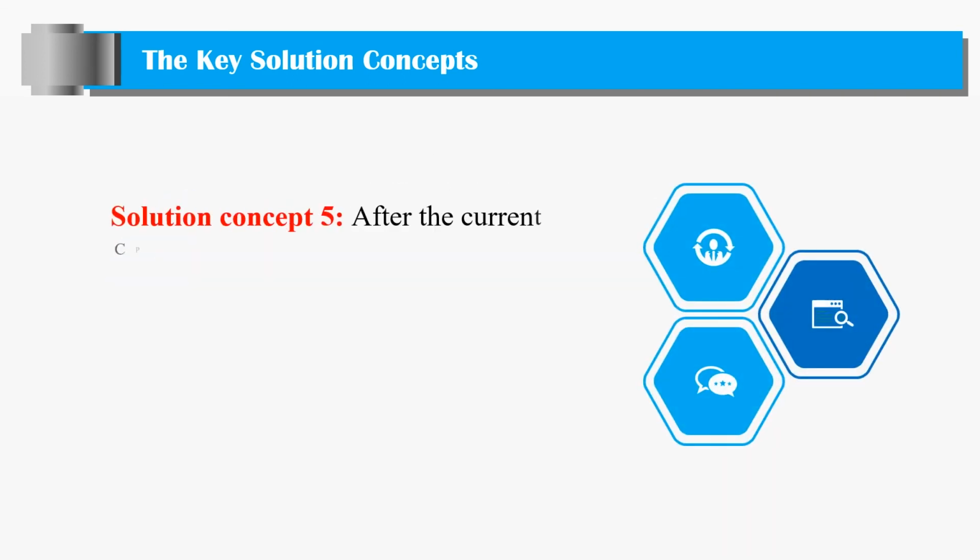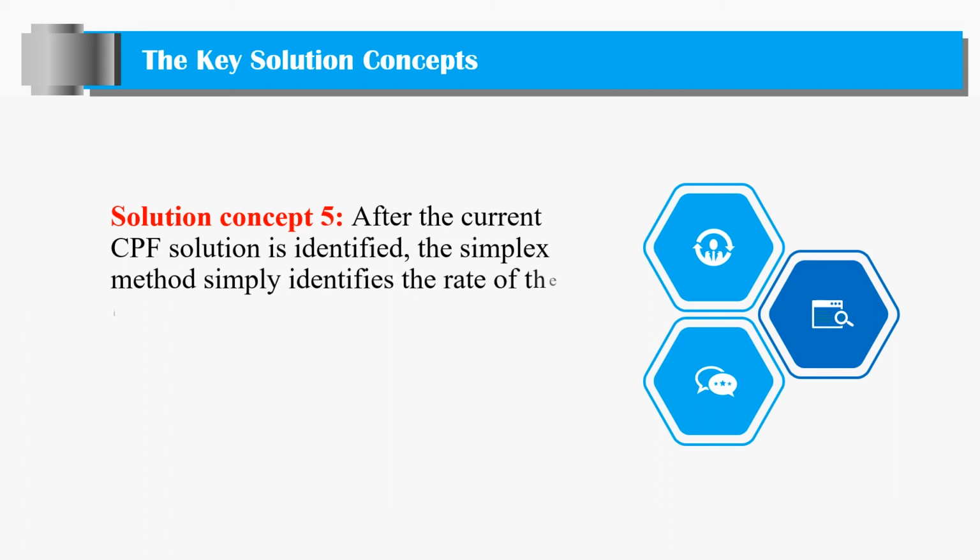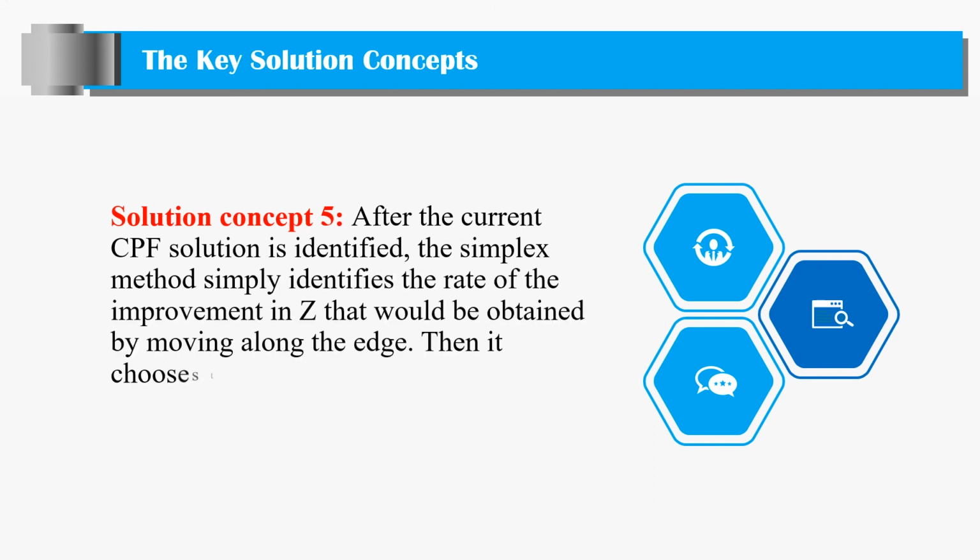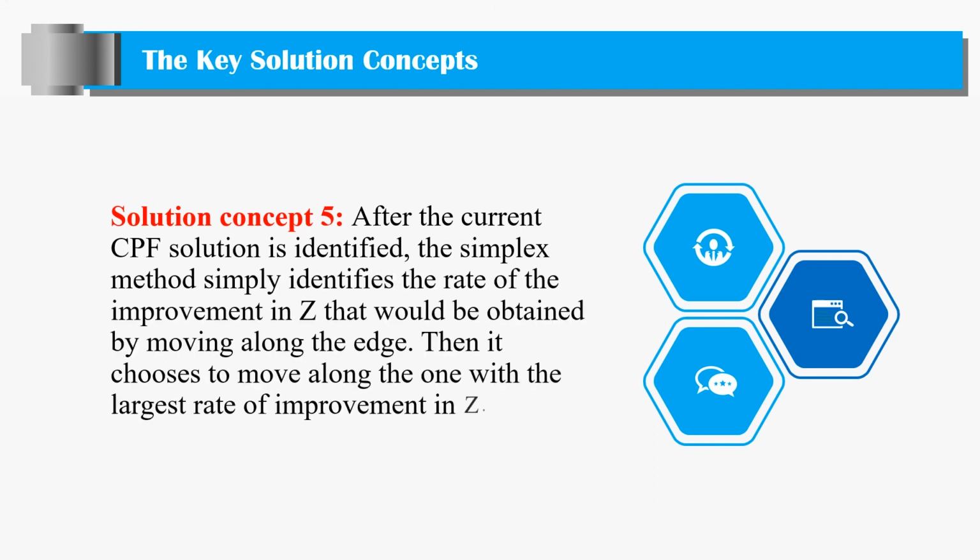Next, after the current CPF solution is identified, the simplex method identifies the rate of improvement in z that would be obtained by moving along each edge. Then it chooses to move along the one with the largest rate of improvement in z, hoping to reach the optimal solution faster.